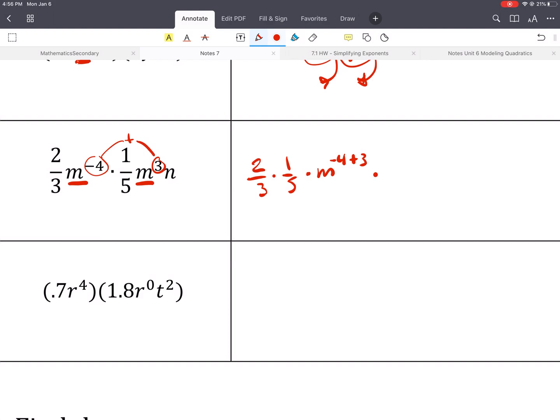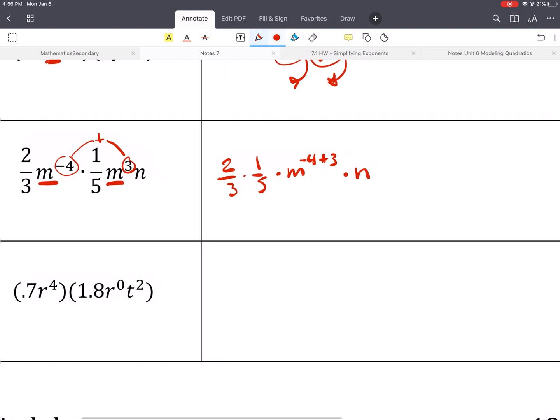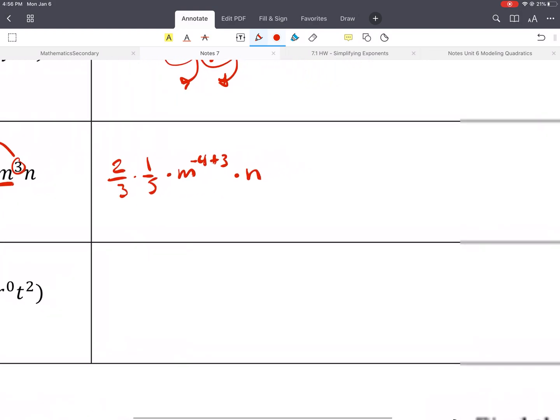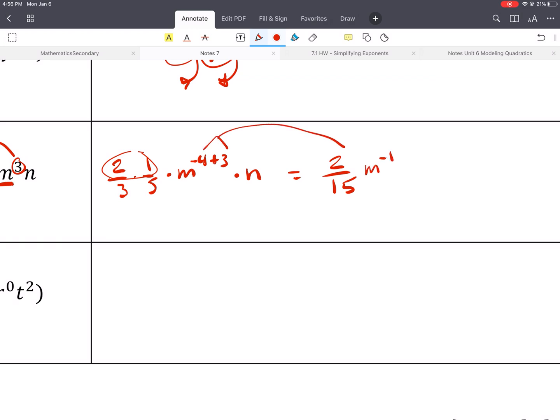And then we just have an n by itself. Okay? So after that, probably want to simplify. When we're multiplying fractions, we multiply straight across. So that would be 2/15. Okay? We have m to the negative 1 from this. I didn't write that very well.